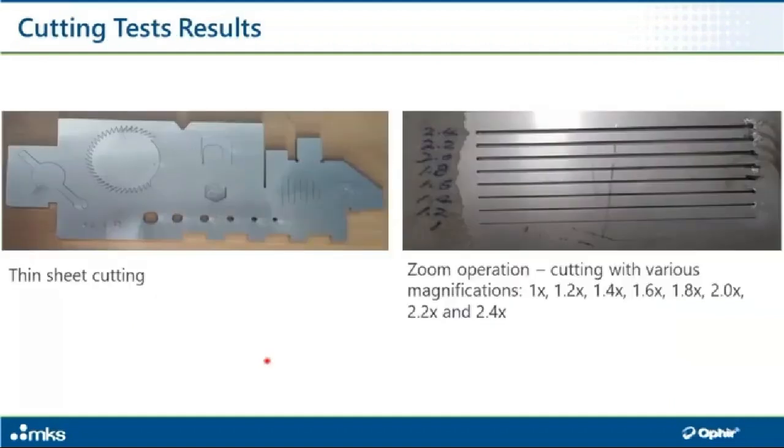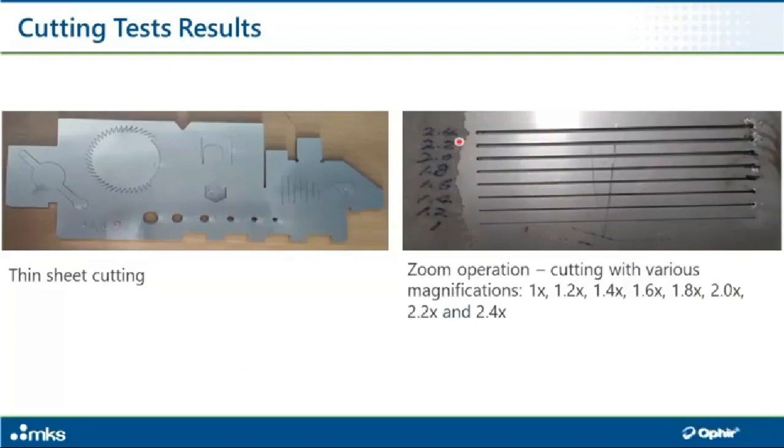This slide shows cutting test results using our zoom lens. On the left side, you see some shapes we cut with this lens. On the right side, you see the zoom lens operation.